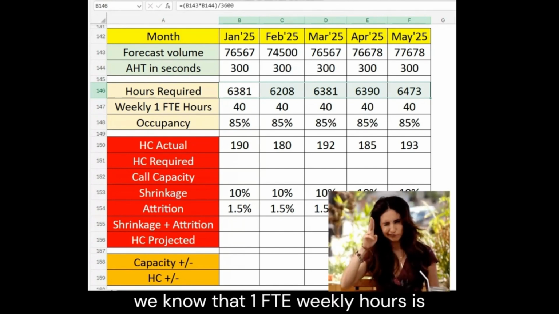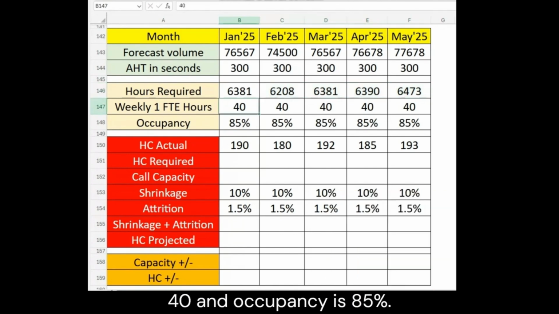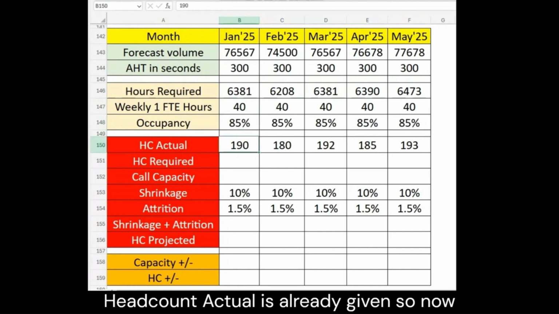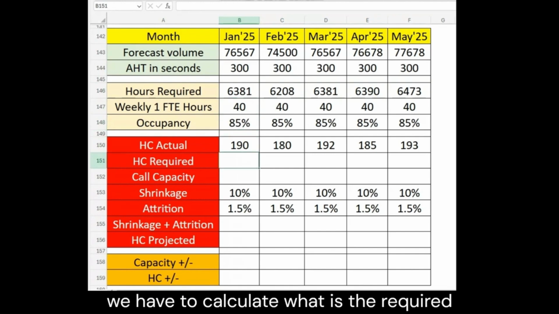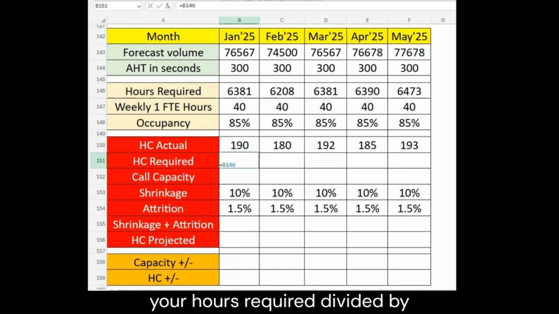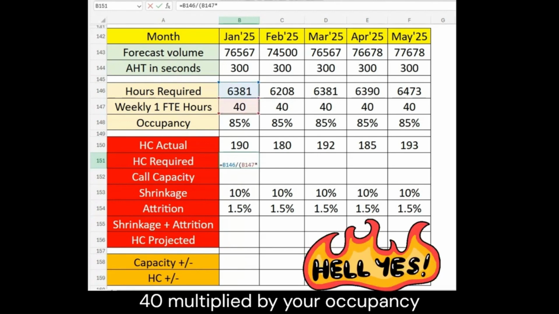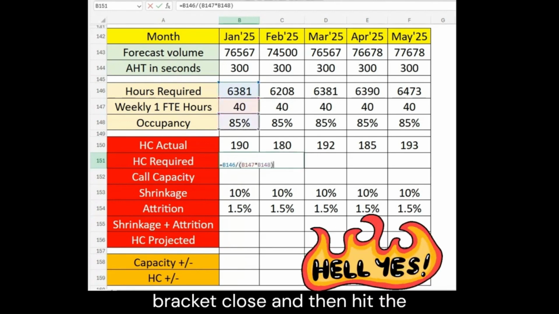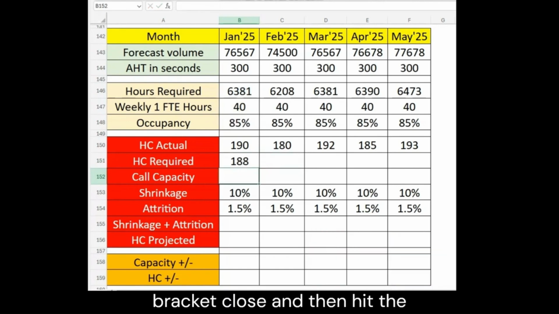And we know that 1 FTE weekly hours is 40 and occupancy is 85%. Headcount actual is already given. So now we have to calculate the required headcount. The calculation would be your hours required divided by bracket open, then your 1 FTE weekly hours, which is 40, multiplied by your occupancy, bracket close, and then hit enter.